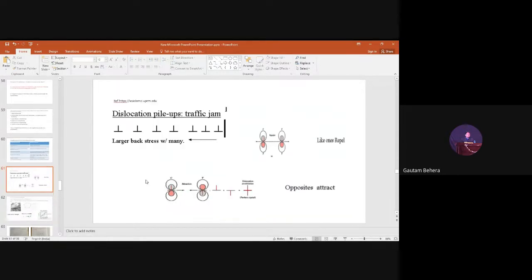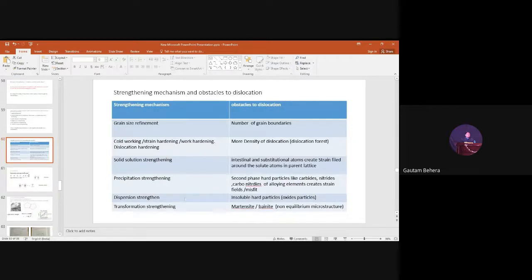Then dispersion strengthening, same, by adding insoluble hard particles like oxide particles. The obstacle is the same strain field around the particles.